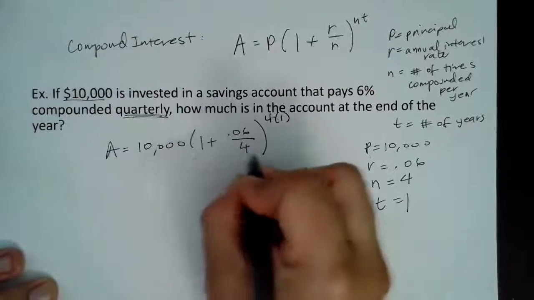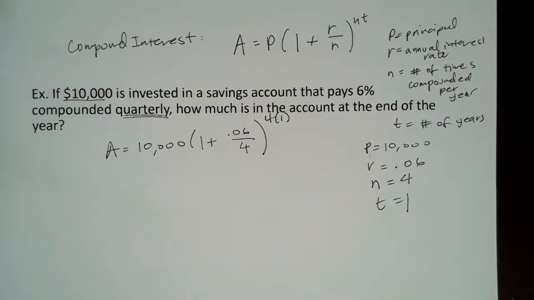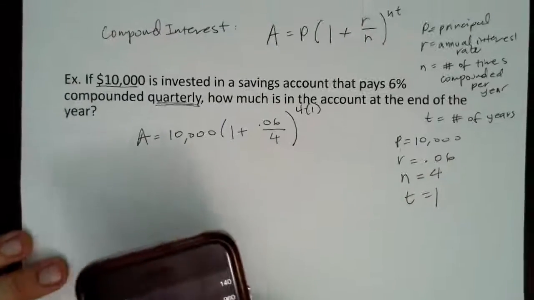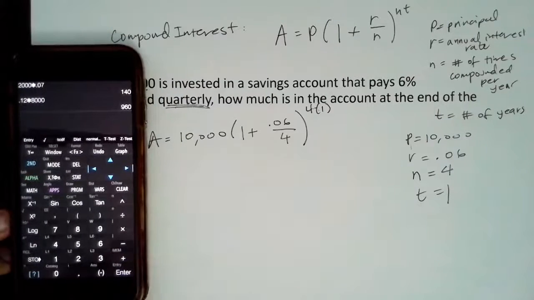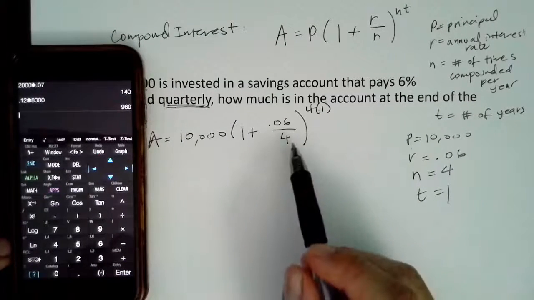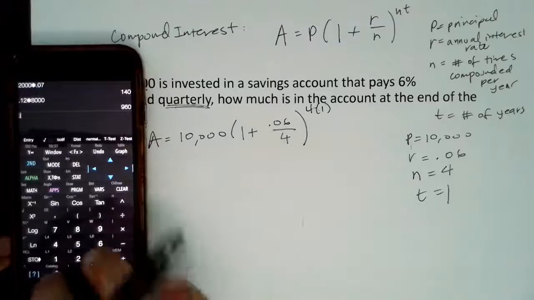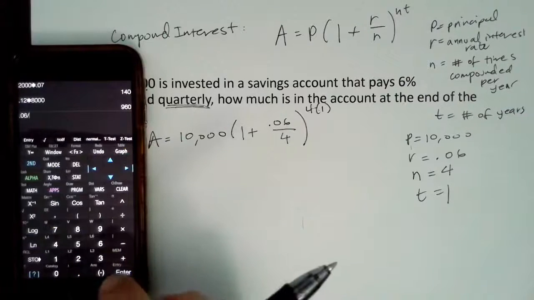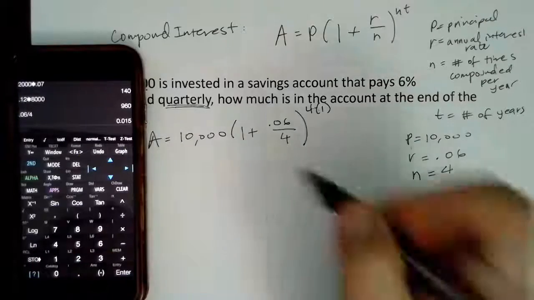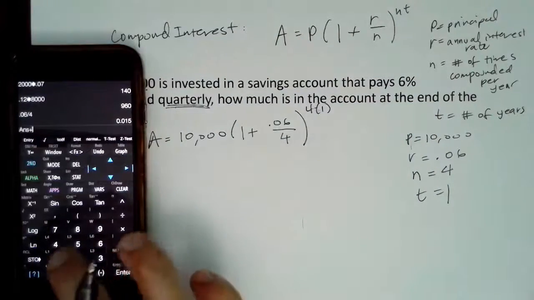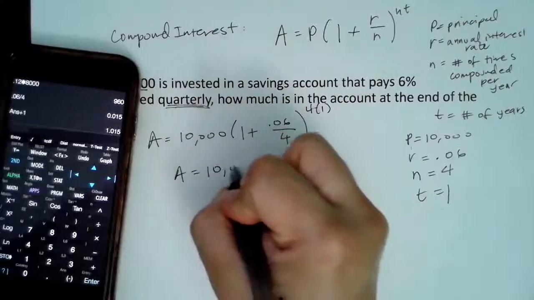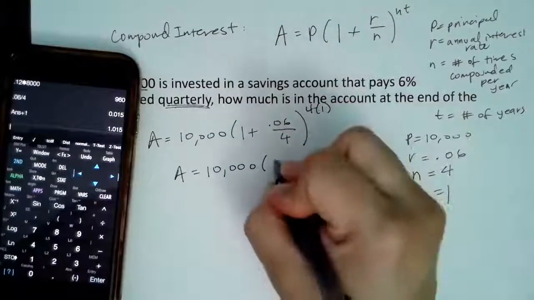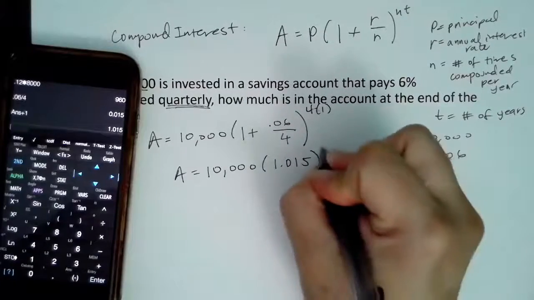Let me show you. I'm going to work from the inside out, and plug this into the calculator so you can see. You can just plug it all in, or you can simplify from the inside out. 0.06 divided by 4 is 0.015, and then add that to 1. So the new amount is 10,000 times 1.015 to the 4th power.